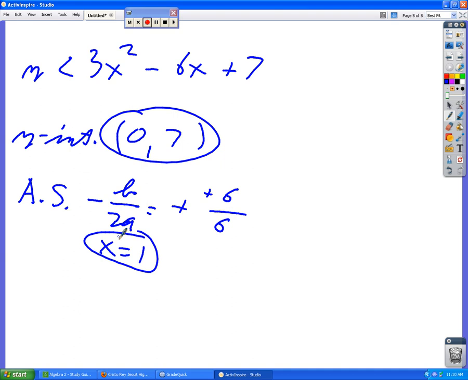I need the vertex. What is x? It is this number, the 1.